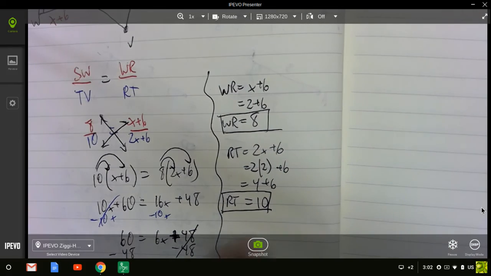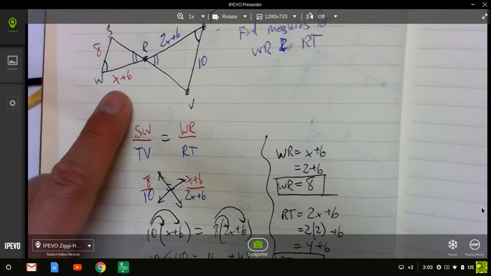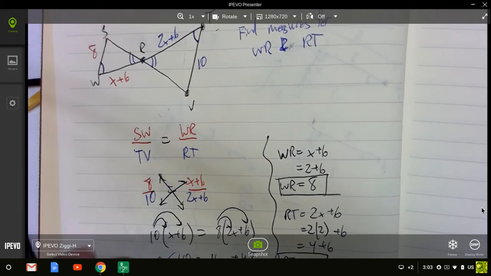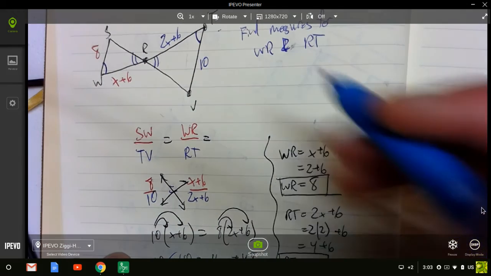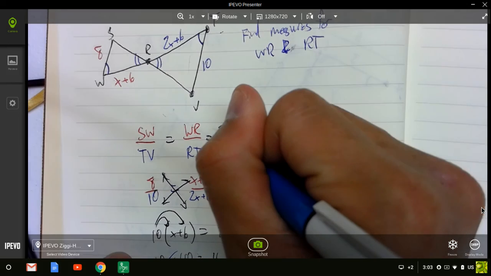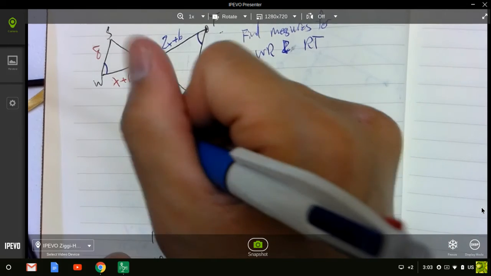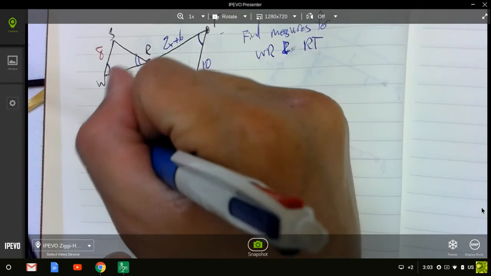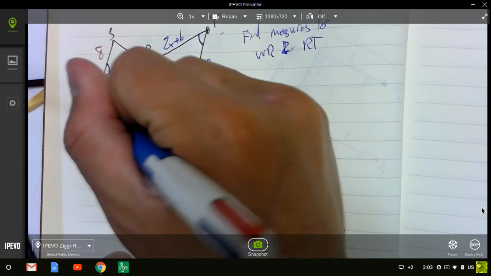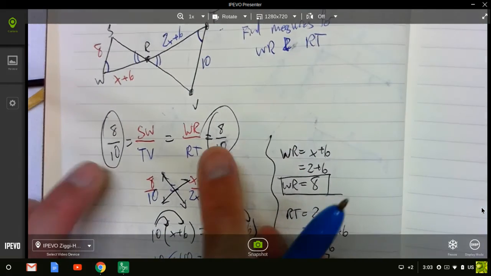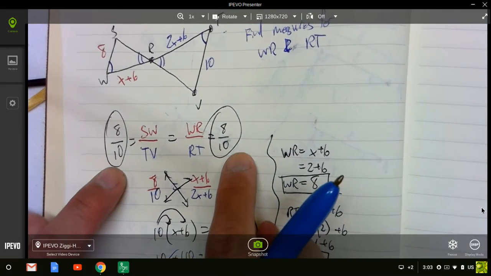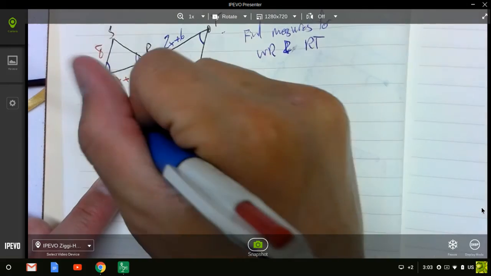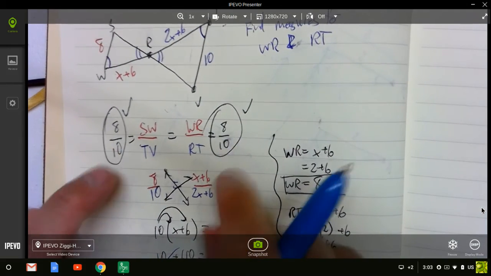If you want to double check, we can plug that back in. You don't have to do this step, but let's just double check. WR we solved is 8, RT is 10, and SW is 8 and TV is 10. Are these two ratios, SW over TV and WR over RT, equal to each other? Yes, they're exactly the same, 8 over 10.